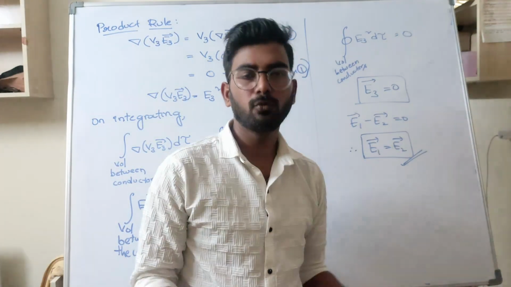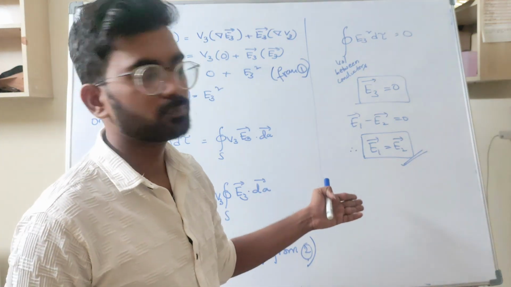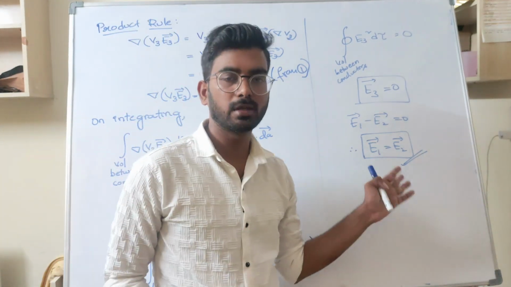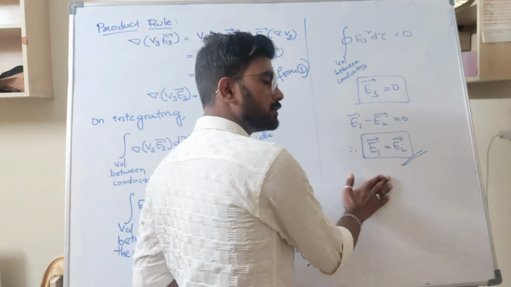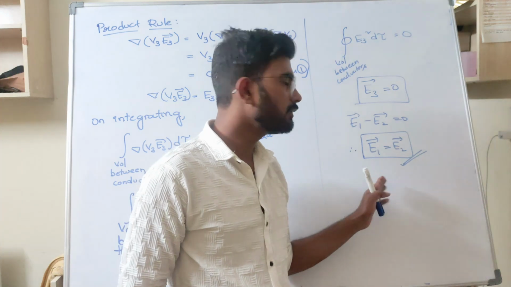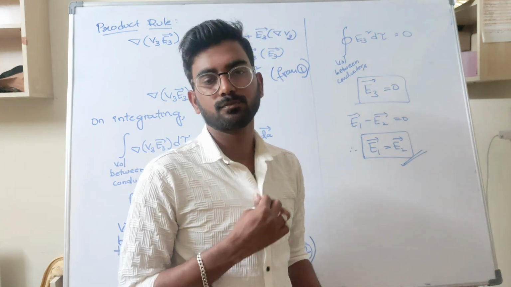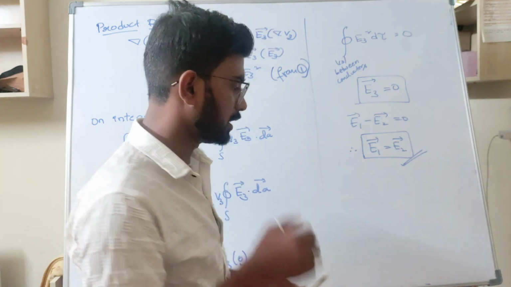So I took two vectors and finally found they are the same. If I took any number of vectors, all the electric field vectors would be equal. It means the electric field vector is uniquely determined, and the potential distribution is also determined.